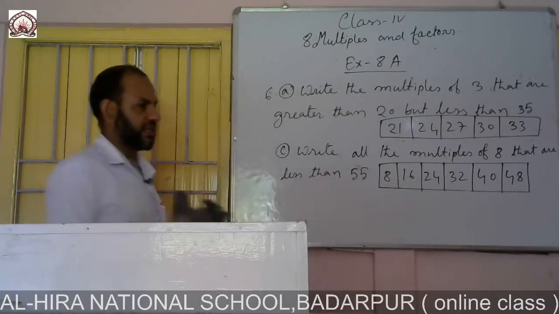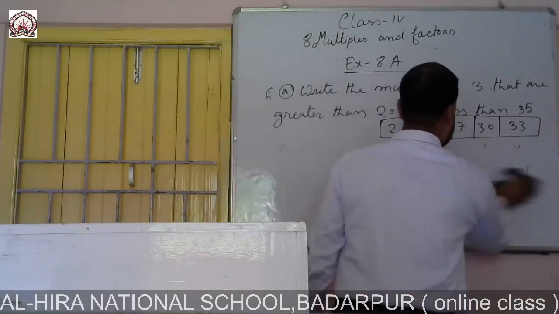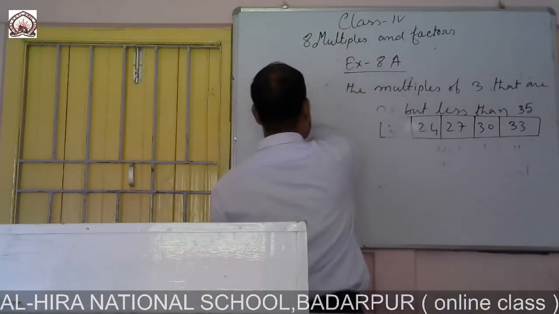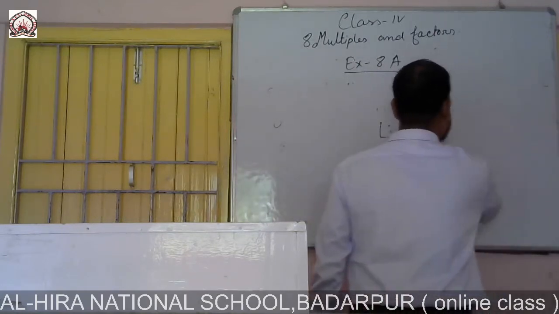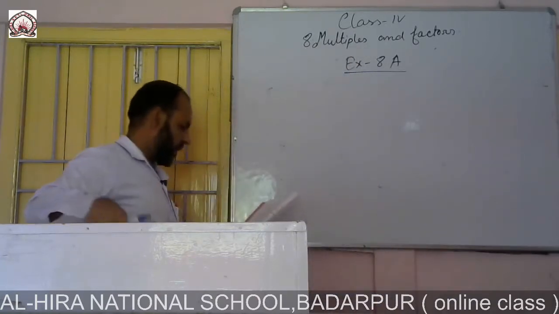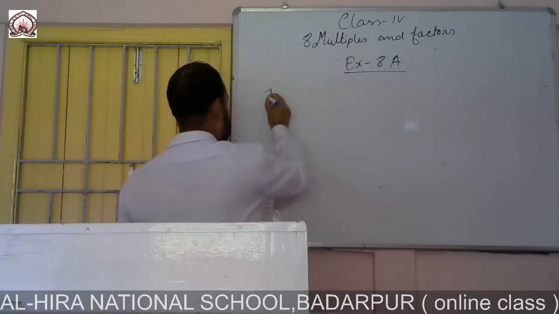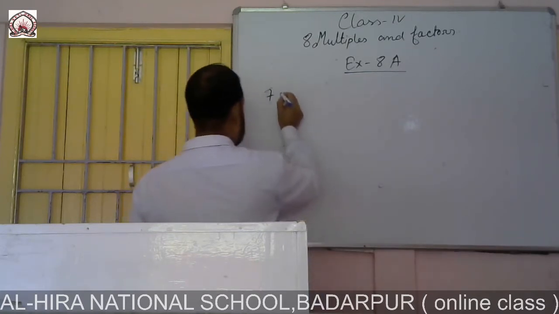Next, question number 7. Write the first 2 common multiples.